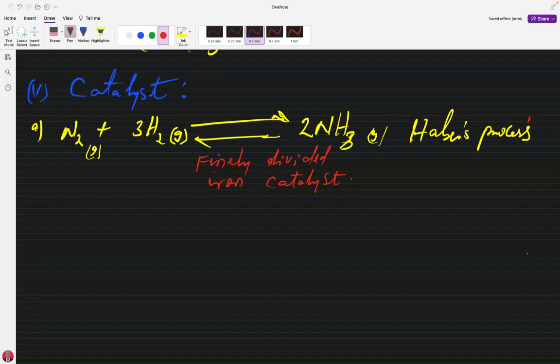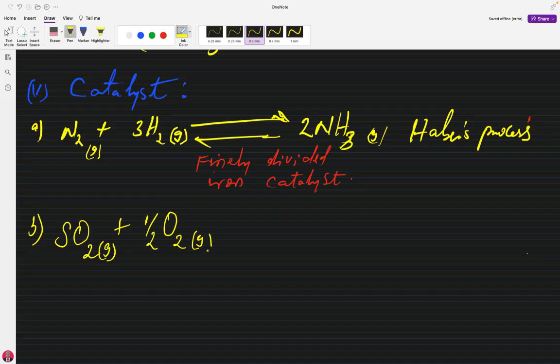The second example is the contact process, in the production of sulfur trioxide. Here you have sulfur dioxide, which is a gas, plus oxygen, which is also a gas, and it goes on to produce sulfur trioxide, which is still a gas. This is the contact process.